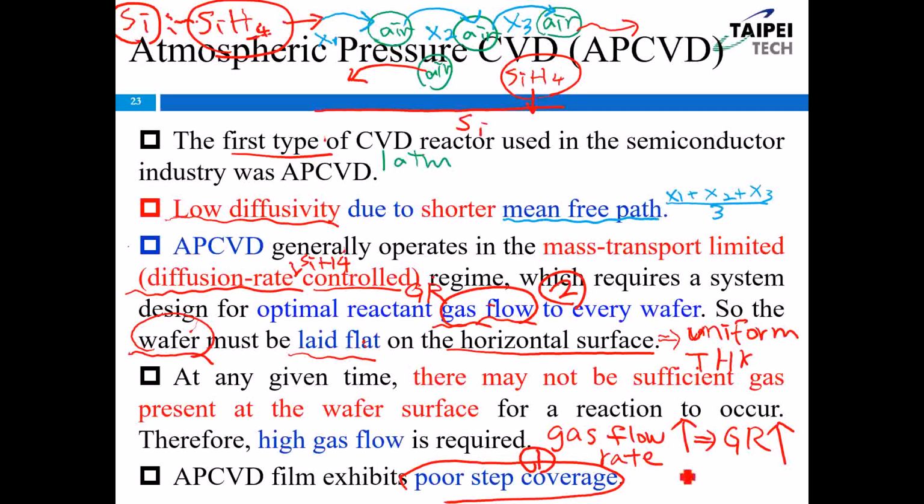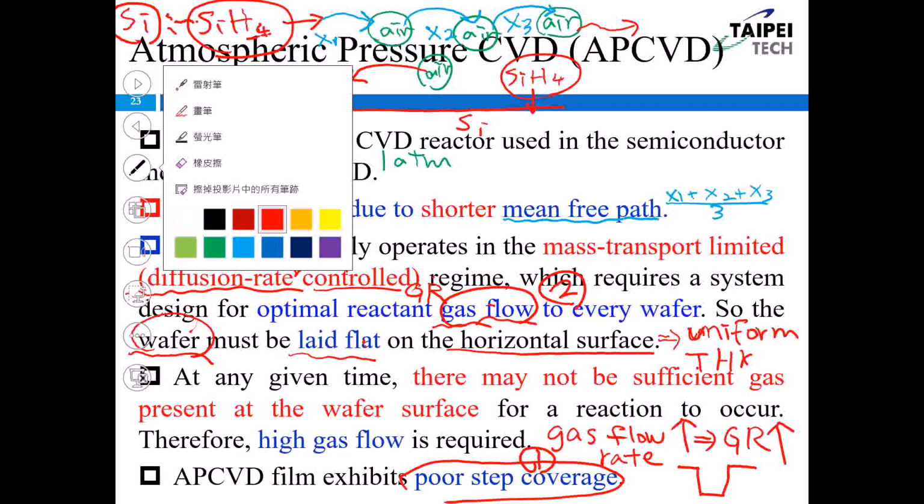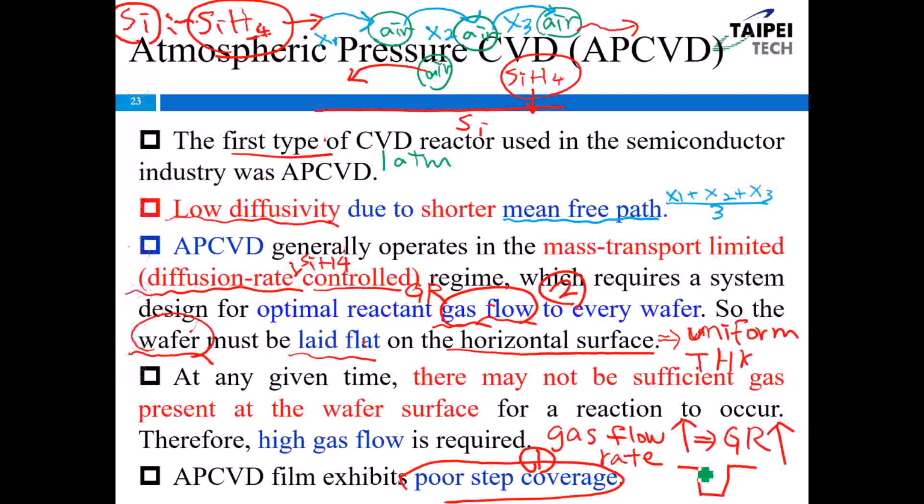As we mentioned, today we have a trench, and we want to deposit the same thing on the top of the trench. And usually the precursor will remain here, because this contact angle is larger. So usually for the APCVD, the precursor will remain mainly on the top corner here.